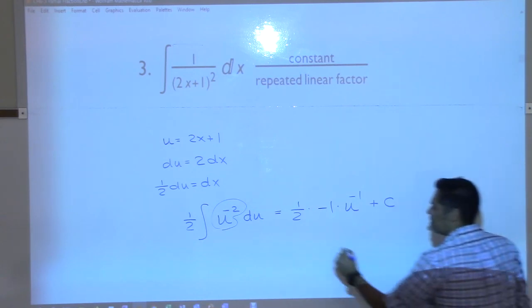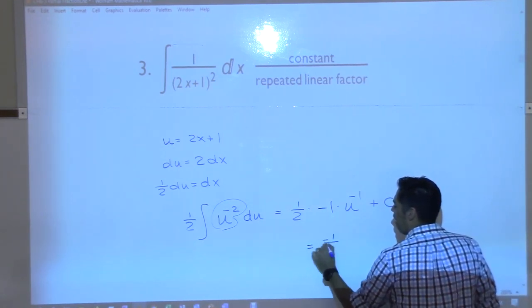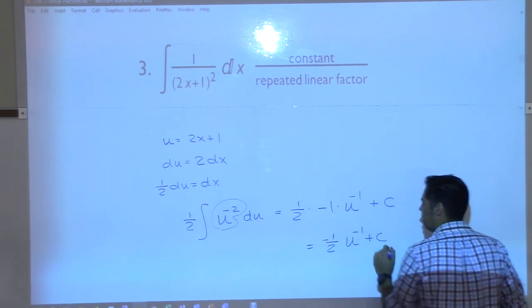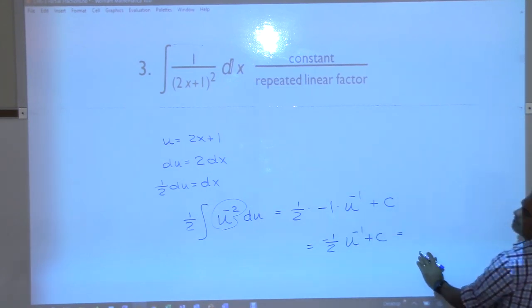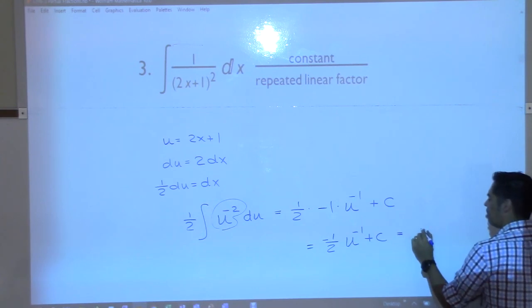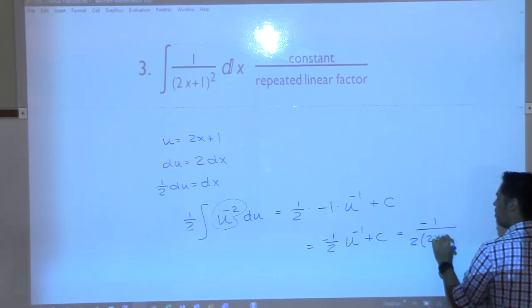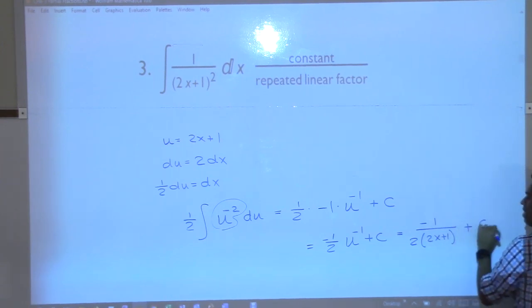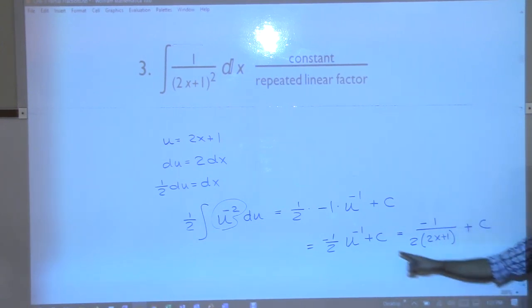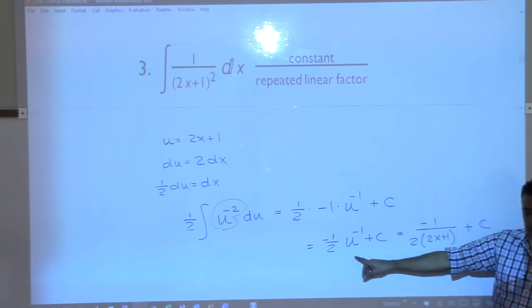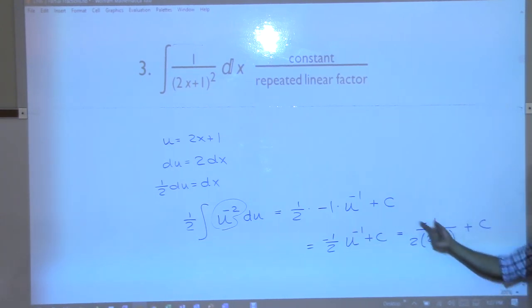And that turns out at the end to be -1/2 u to the -1 plus c. What's u? 2x plus 1. So could I write it this way? -1 over 2 times 2x plus 1, plus a constant. That's just me taking my u and dropping it back down as u to the 1st power on the bottom. And then there's my -1/2, yes?